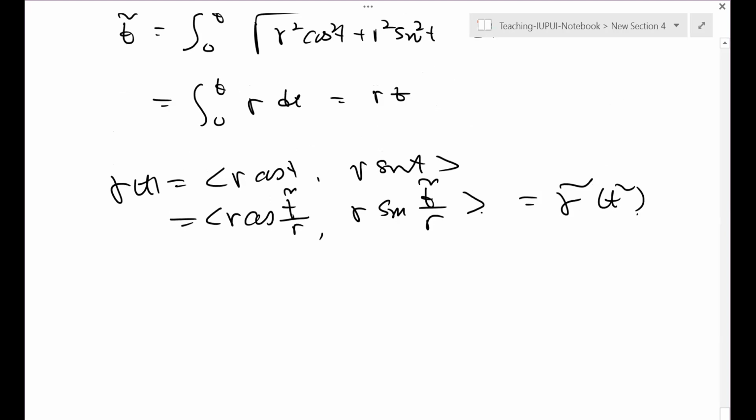In general, it's not easy. This one is okay. So gamma tilde is a unit speed curve.